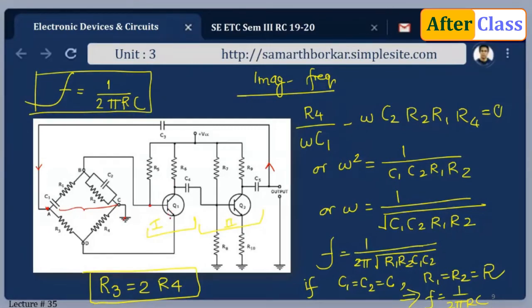So transistor Q1 serves as an oscillator and also an amplifier, whereas this transistor Q2 acts as an inverter. Why inverter? If this is the input, output is amplified, and again this amplified signal is amplified in the opposite direction. Fine. So this is inversion, 180 degrees phase shift.